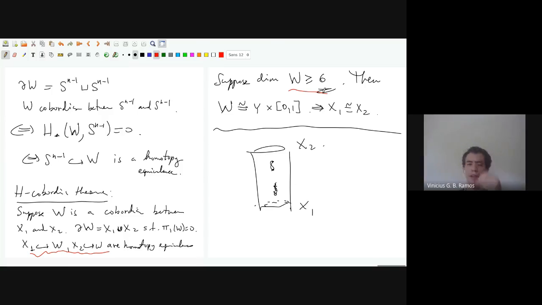It's a long process, but the key element is the cancellation theorem that I had last time, which basically said if you have a unique flow line from a critical point to another critical point, then you can cancel those two critical points. But you have to think about a homological version of it. If you have more than one flow line between two points, you can talk about positive or negative flow lines.